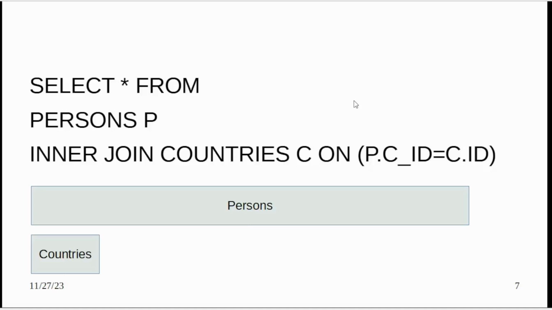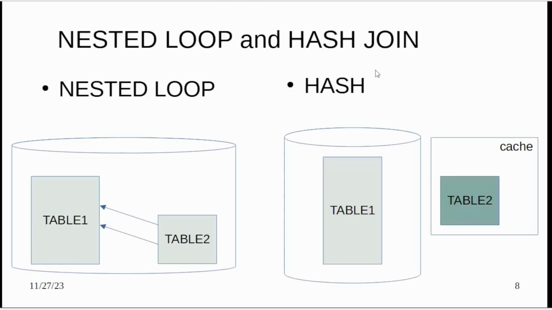In this example, the table persons has many records for obvious reasons, and the table countries has 200 records, let's say. Usually when Firebird executes such a query, it will use the well-known nested loop join, or inner join if we are speaking about the legacy plan.